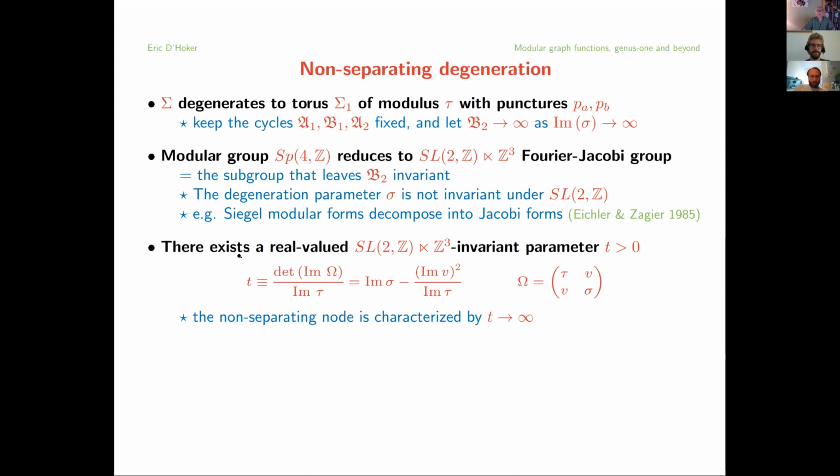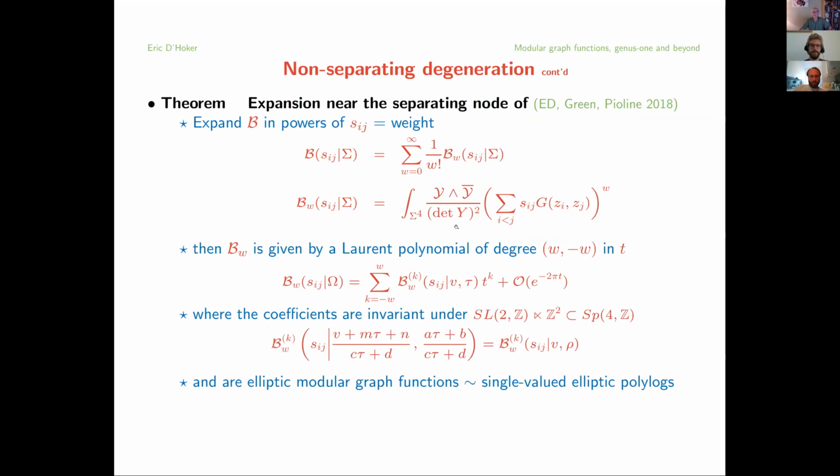Now, there is in fact a parameter which is invariant, little t, invariant under this modular group for genus 1, defined in this way. And so the non-separating mode is now characterized by t going to infinity. And this is an invariant. So when you expand in it, you actually get invariants.